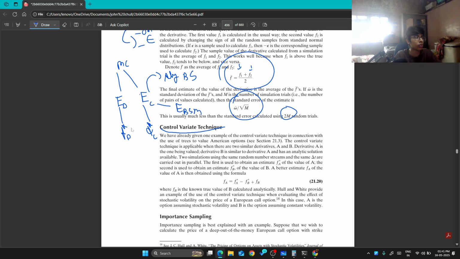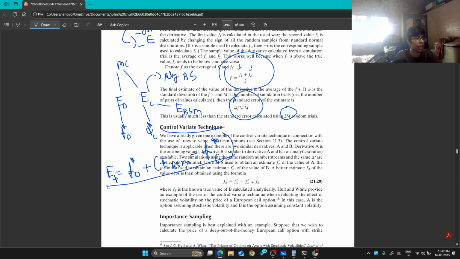So we will also have the BSM value. To find the actual derivative price of the exotic derivative, it would be equal to FD, and we will add the error found between the BSM value and the value from Monte Carlo simulation.